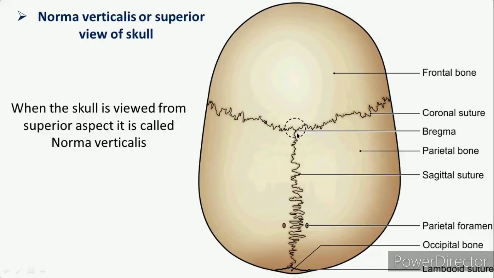Here this is called the bregma, this is the parietal bone, this is the sagittal suture. In between the parietal bones, this is the parietal foramen, and this is the occipital bone, and between the parietal bone and occipital bone, some part of the lambdoid suture you can see from the superior aspect.